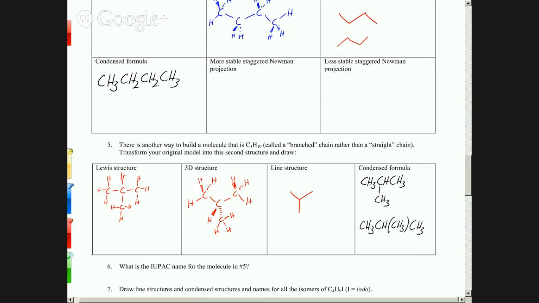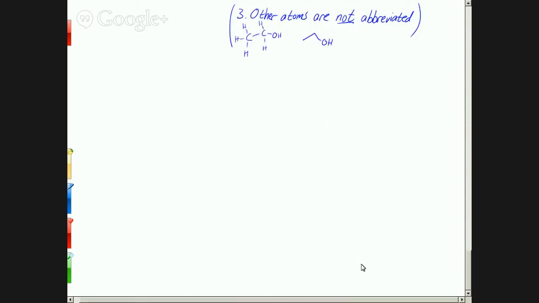Questions about those? All right. Now let's look at some different condensed formulas and line structures and practice going back and forth.